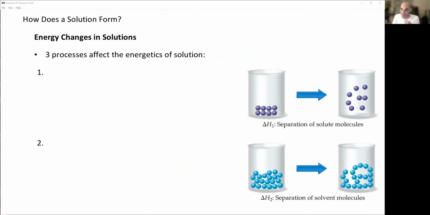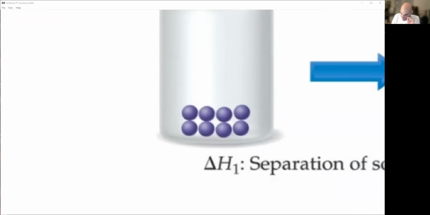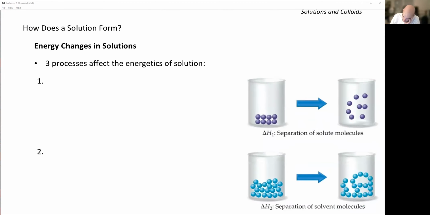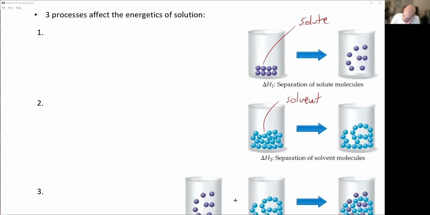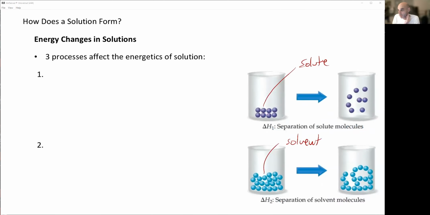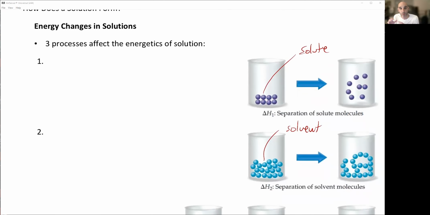So three processes are going to affect this. So first of all, how this proceeds is we have solute molecules and solvent molecules. In order for those two to mix, we have to separate both of them. So step one is separating the solute molecules.